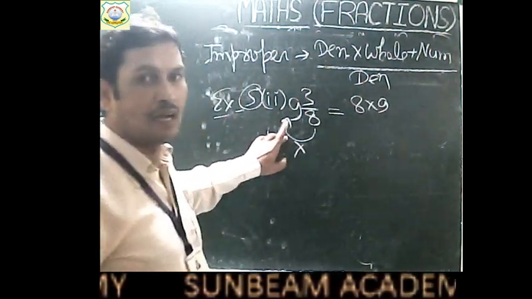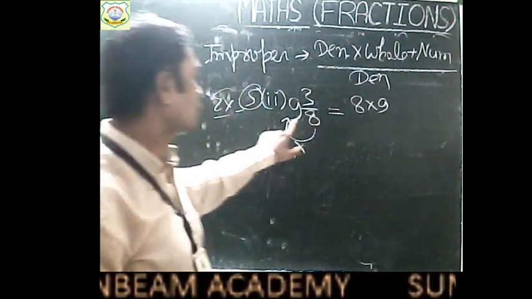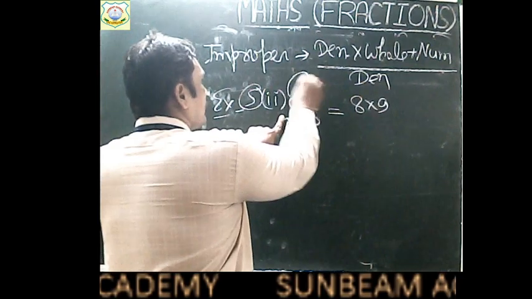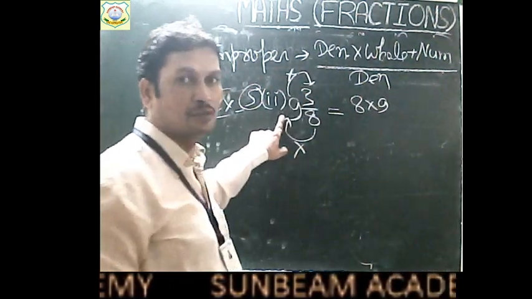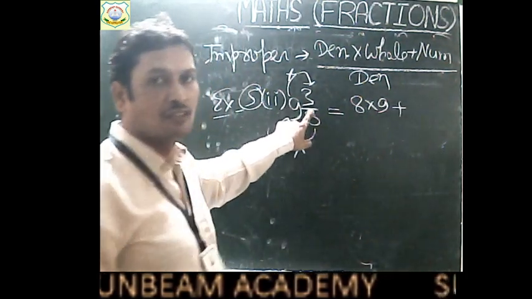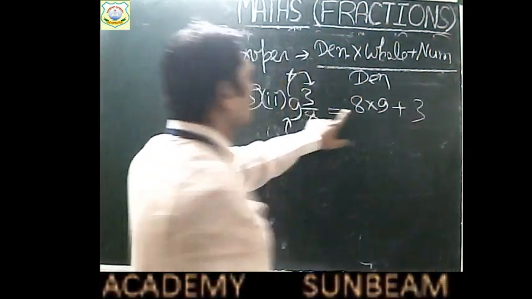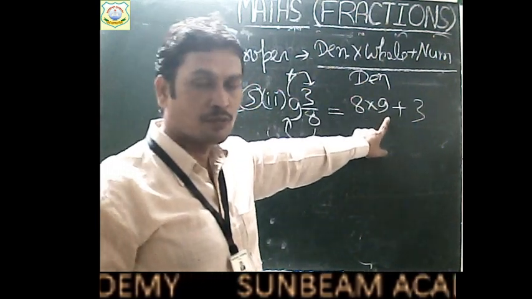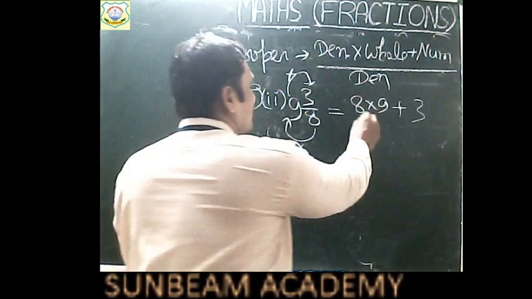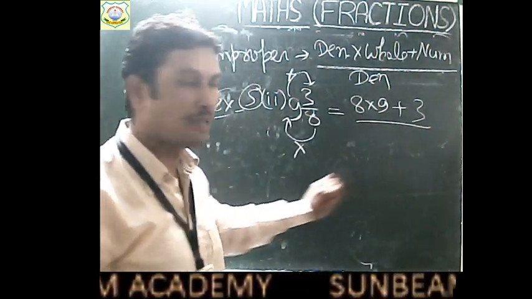After multiplying denominator into whole number, add the numerator. So 8 into 9, multiply, and add the product to the numerator, that is 3. So denominator into whole number plus numerator 3, divided by the denominator. The denominator is the same in the improper fraction also.